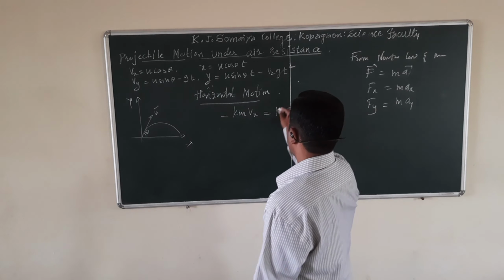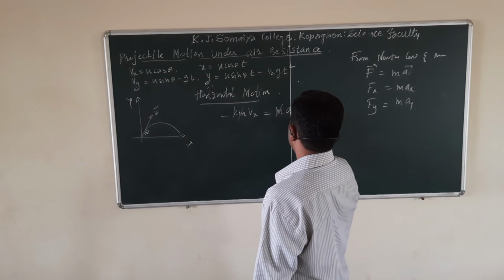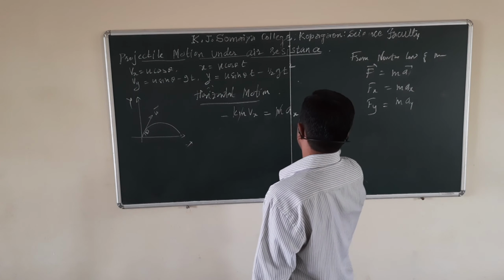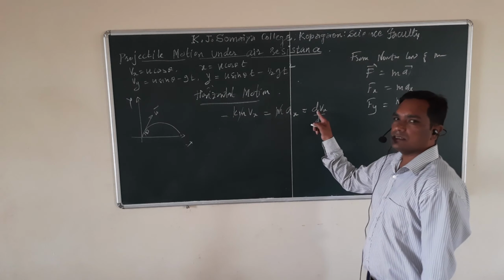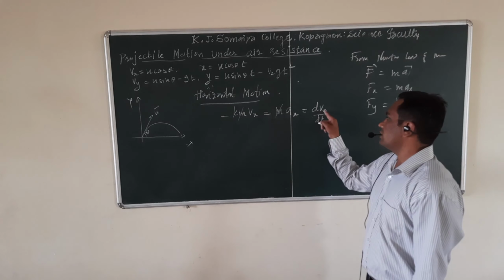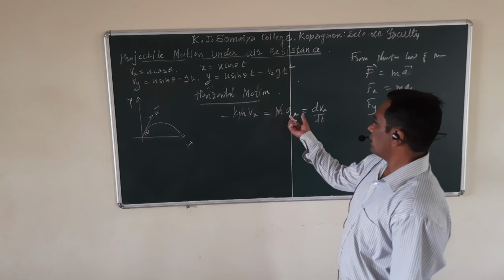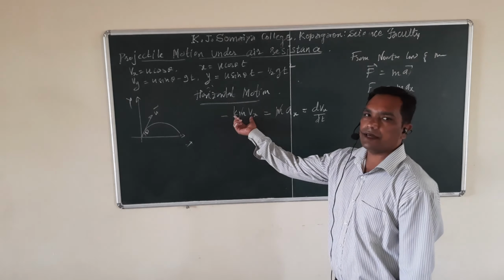Now we can take out this mass, and we know that acceleration is nothing but the rate of change of velocity. Since this is the x component of acceleration, it is the rate of change of the x component of velocity. So we get the equation ax equals minus k into vx.